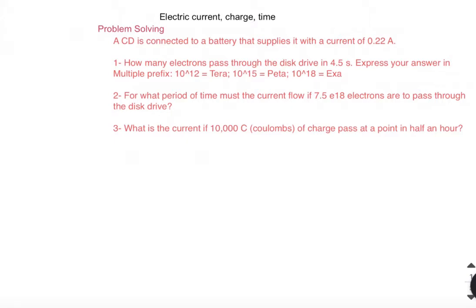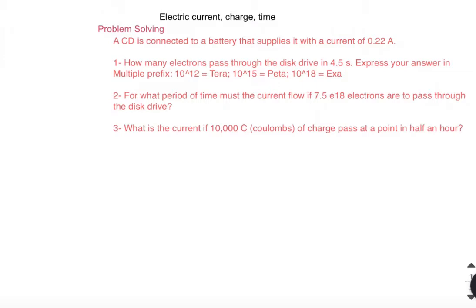On the second question, it is asking for the period of time. That means we are solving for t. For what period of time must the current flow if 7.5 × 10^18 electrons have to pass through the disk drive?